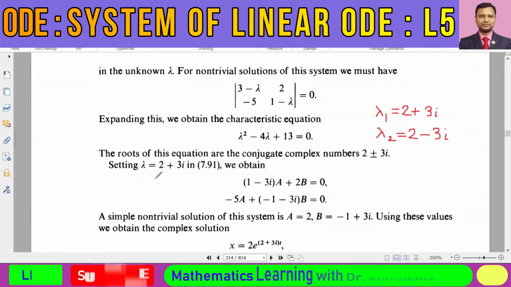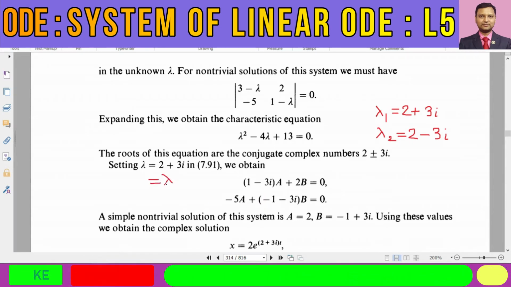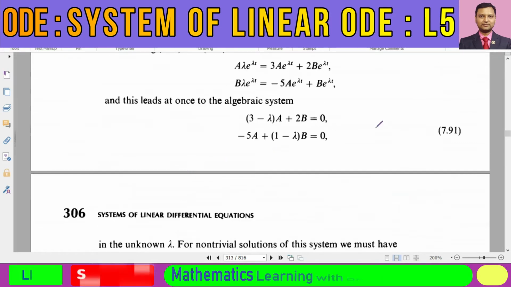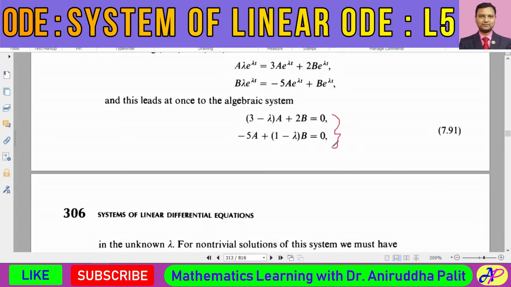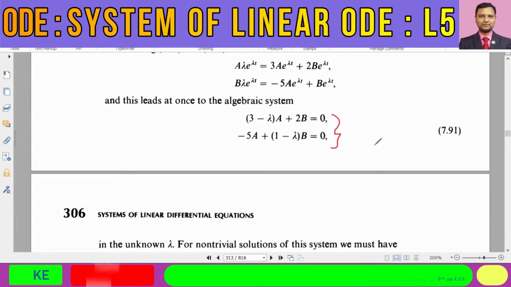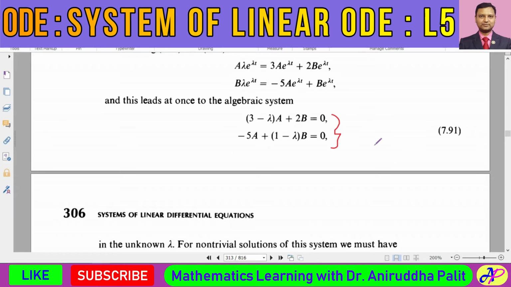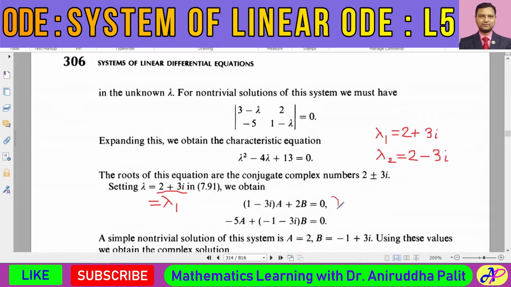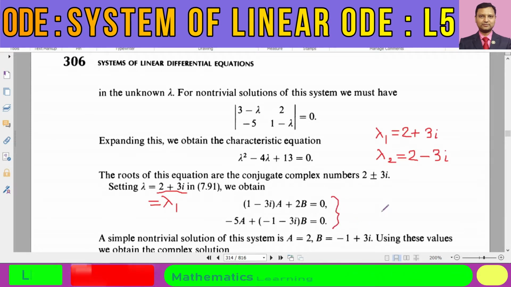Alright. Now we consider this first value, lambda is equal to lambda 1, that is actually 2 plus 3i. So if we put lambda is equal to 2 plus 3i in this algebraic system of linear equations, in that case we will have this type of relation.